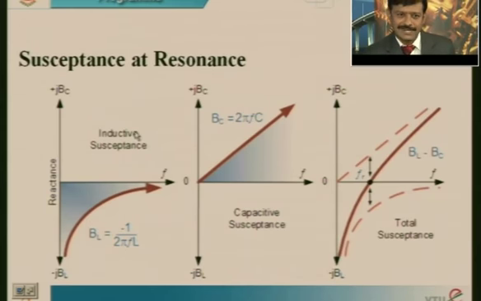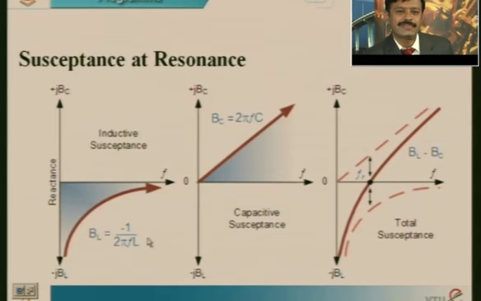Look at the graphs. Susceptance versus frequency we have taken. The first graph is frequency versus inductive susceptance. Here, inductive susceptance is inversely proportional to the frequency, you see 1 by f.